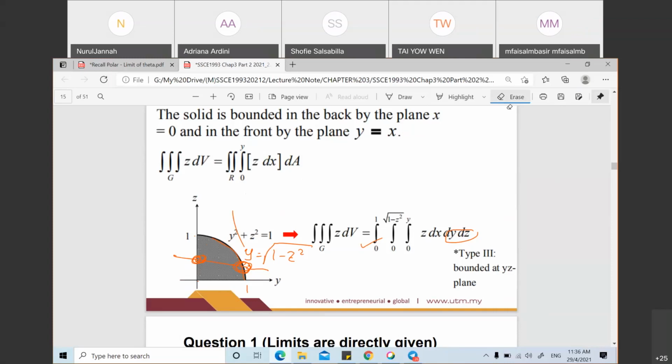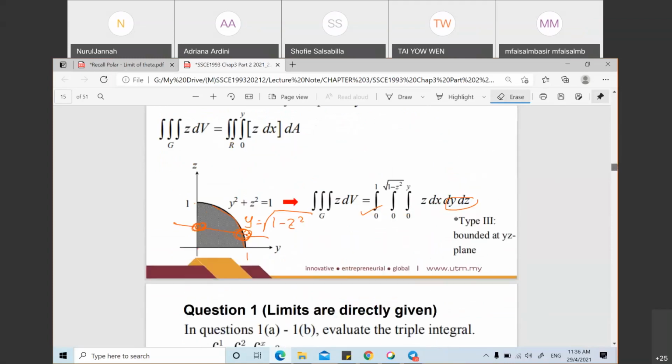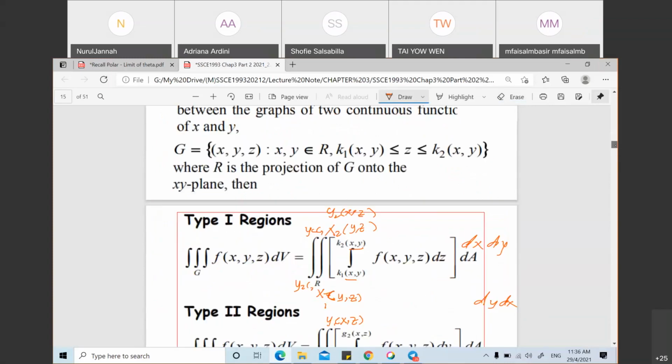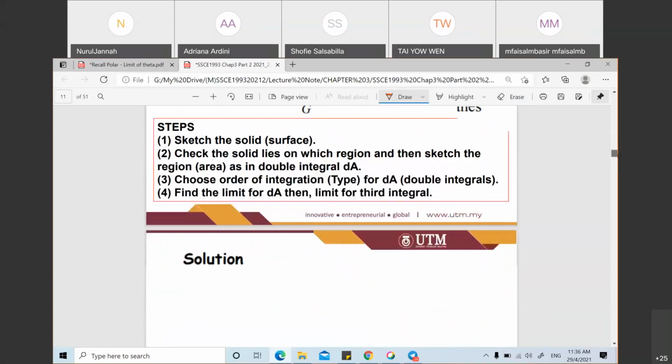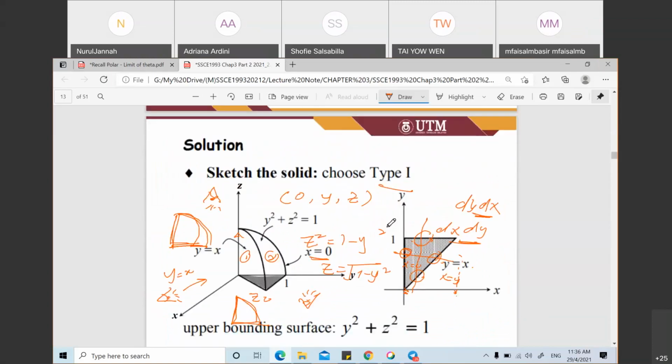Okay. So after you know this, the others is just calculation. You will get the same answer, which is 1/8. Same also if I use type 2, you are integrating with respect to x. This is y, x, z. So when you're looking at y, you have to see the y part. Which one is y part?